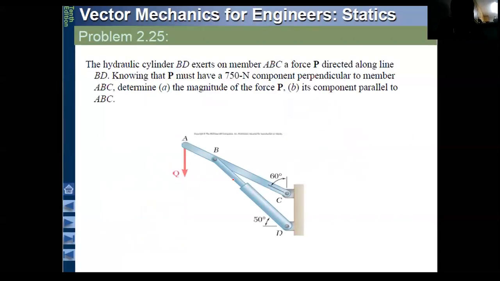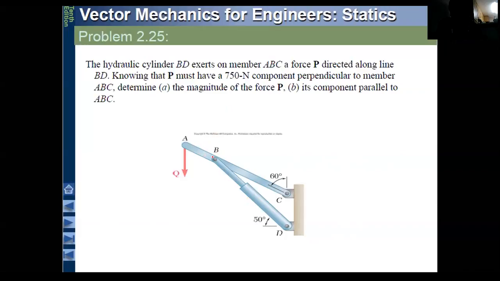Okay, so we are going to have a more physical example. We have a hydraulic cylinder BD that exerts force on member ABC, and this force is along the line of BD.